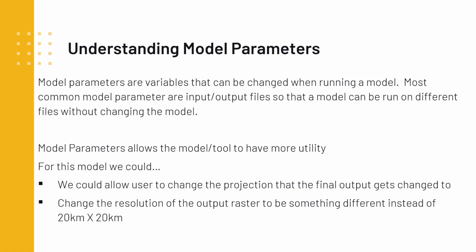So remember, we said we wanted ours to be basically 20 kilometers by 20 kilometers, you could make that a parameter as well. So besides the input and output, there are other things within each tool that can be changed. So think about the buffer tool, for instance. Not only do you specify the input and the output, but you can also specify how much you want to buffer it, what units, for instance. Those are all examples of model parameters.